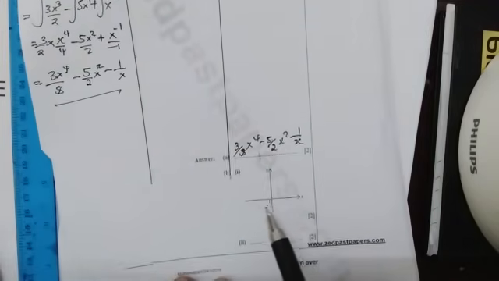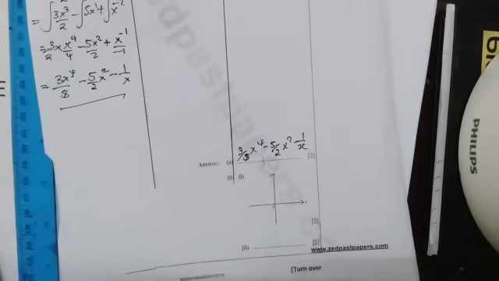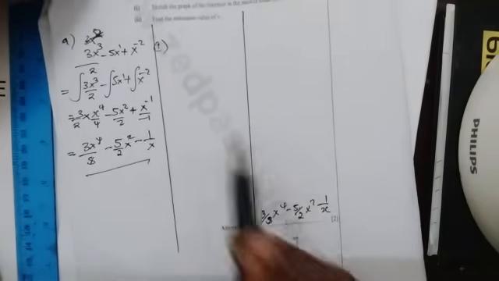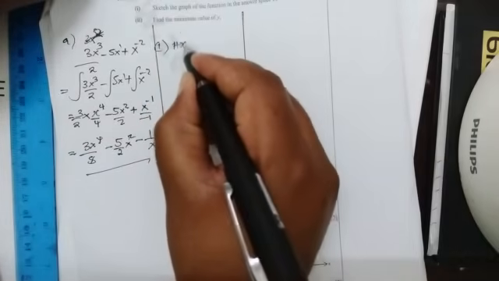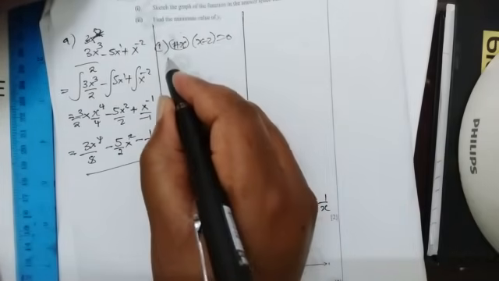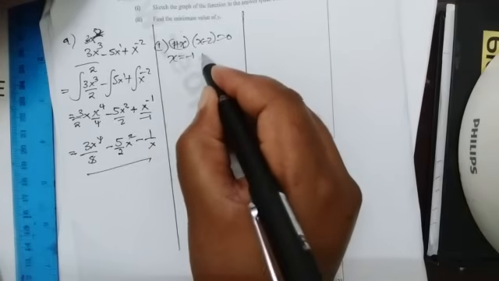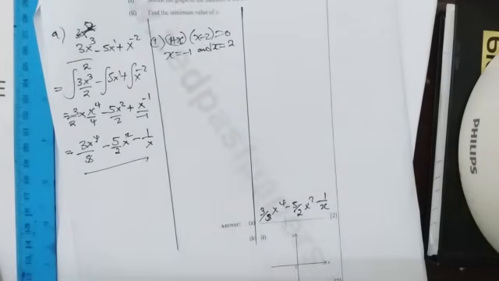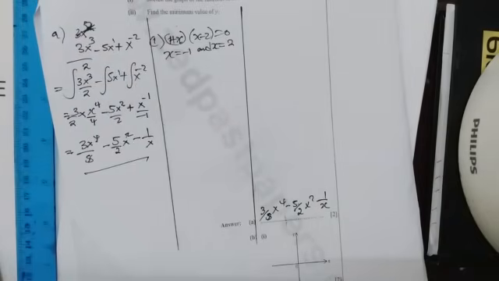When you look at this one, you need to find the x-intercept and y-intercept. So at x-intercept, y is always 0. So we're going to say 1 plus x minus 2, the answer should be 0. In this case, x is negative 1 and x is 2. Okay? Those are the intercepts.